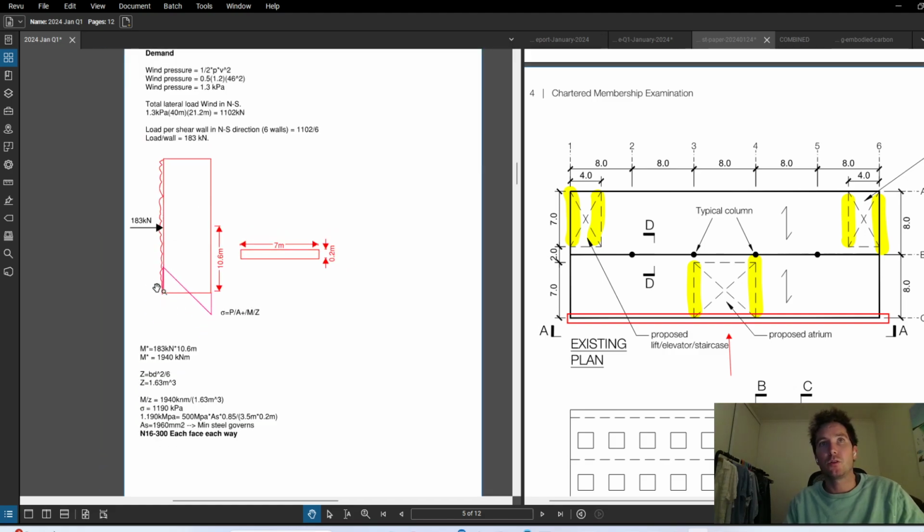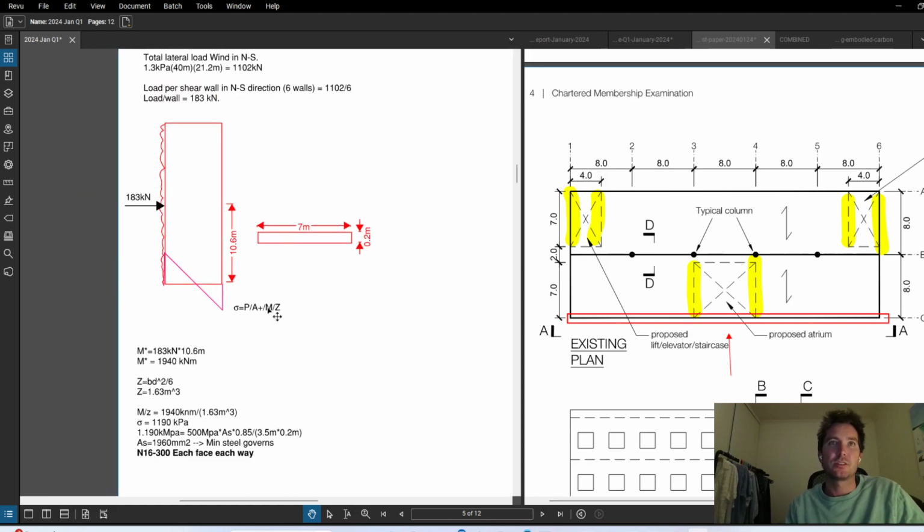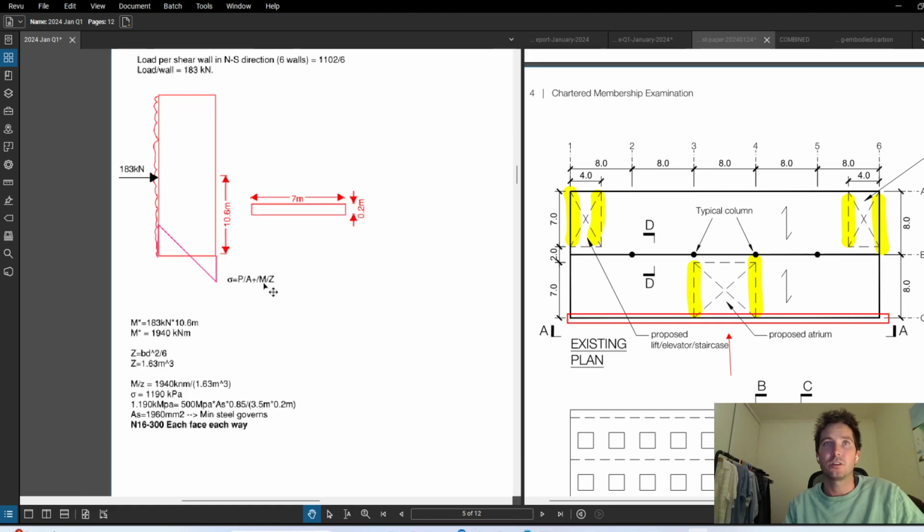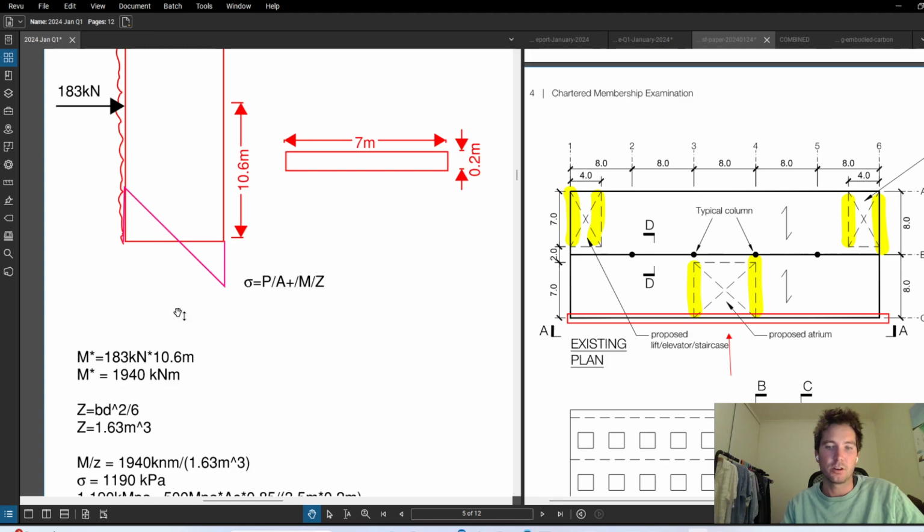And then for the stress of the wall, if you remember, P on A plus M on Z. And as I mentioned earlier, I'm not really considering this shear wall as a vertical load element. I'm really just focusing on its lateral. So for that, this stress that I've got here, where this guy is in tension, this half of the wall's taking compression.